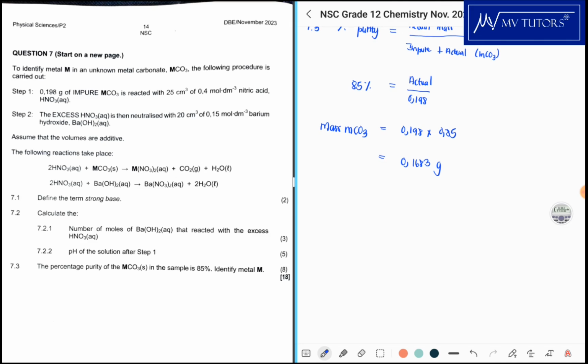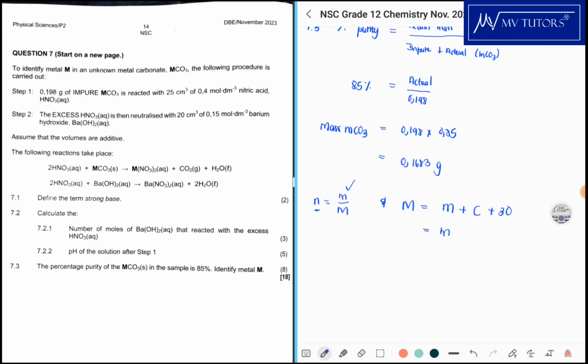Now I'm going to say the number of mole is equal to mass over molar mass. I have the mass and also the molar mass. Remember, we have M in itself, and then the carbon, and then 3 times the oxygen.